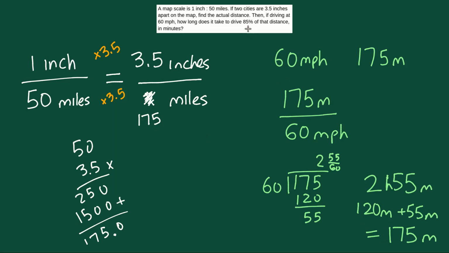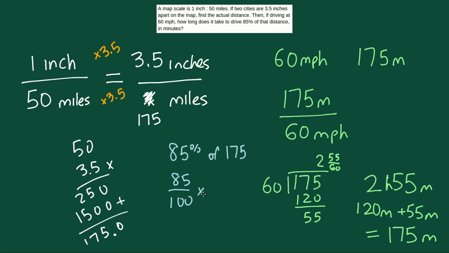But they're asking us to find what is 85% of that distance. So now let's find 85% of 175. To do that, switch colors again. 85% of 175. Well, 85% is the same as 85 over 100.